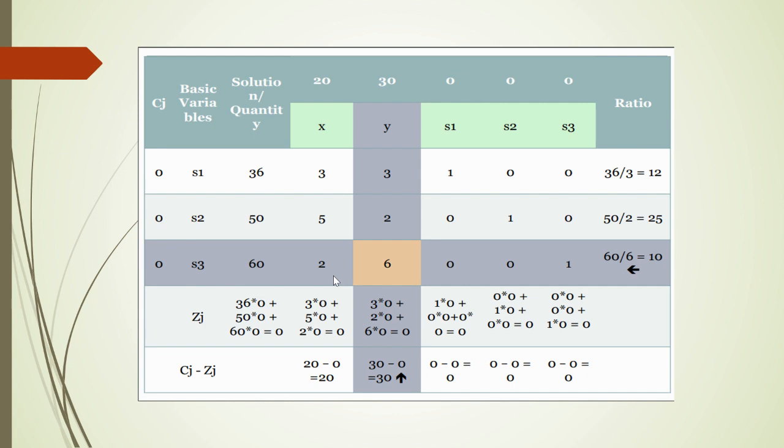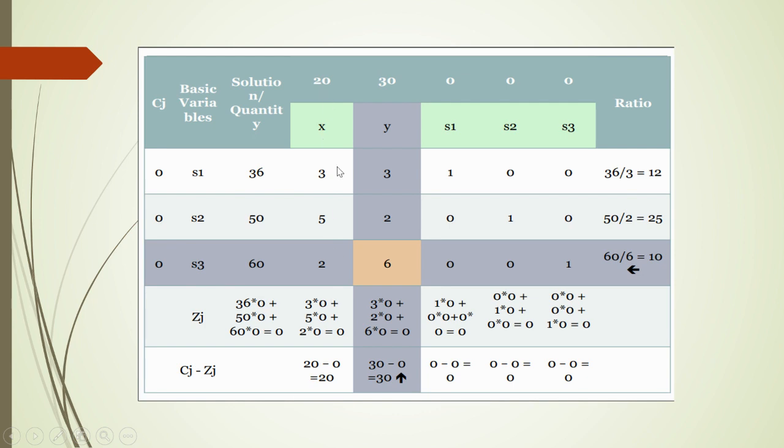And here, we will determine the zj and cj. Here the basic variables are 0. So 0 into 3, 0 into 5, 0 into 2, we get 0.